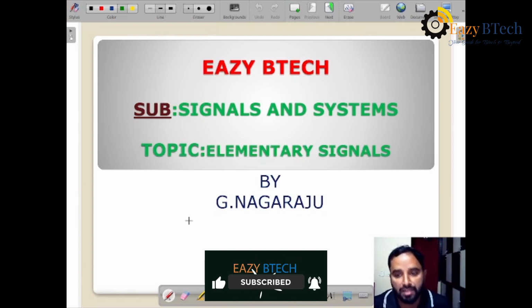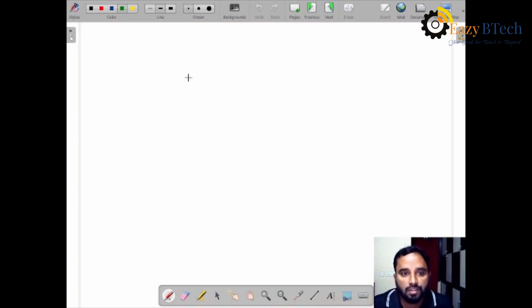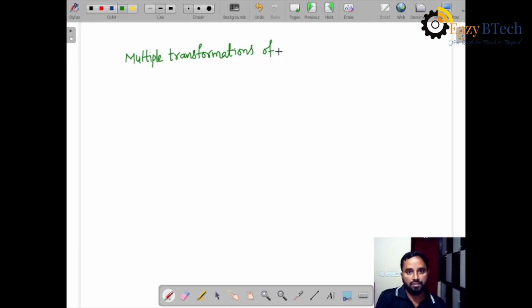Today's topic, elementary signals. Before going to this topic, we are going to discuss a small topic: multiple transformations of independent variable.